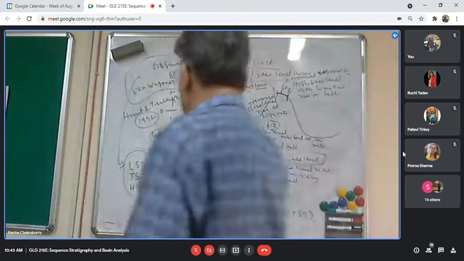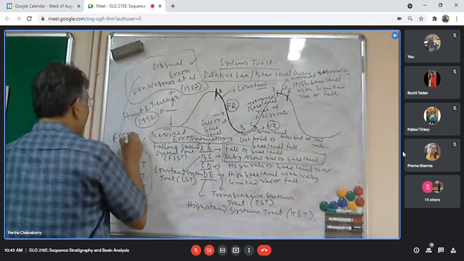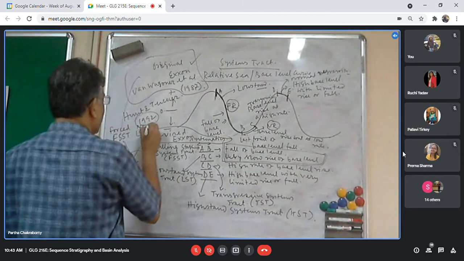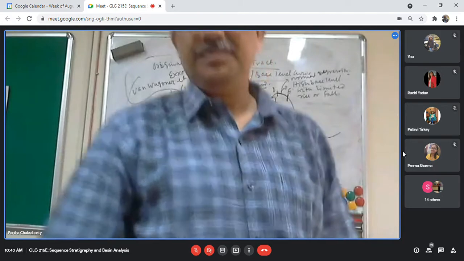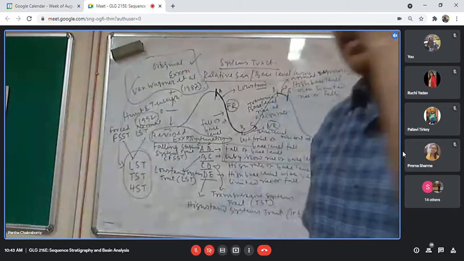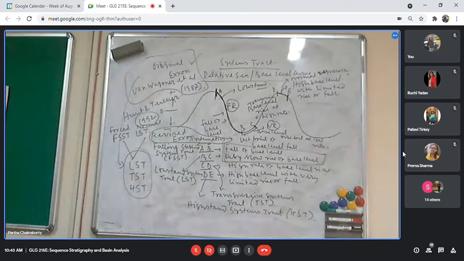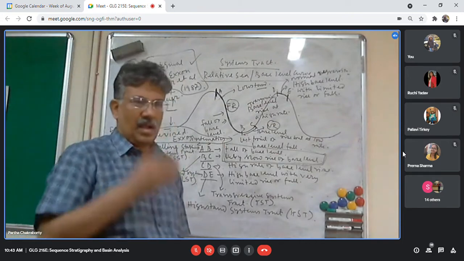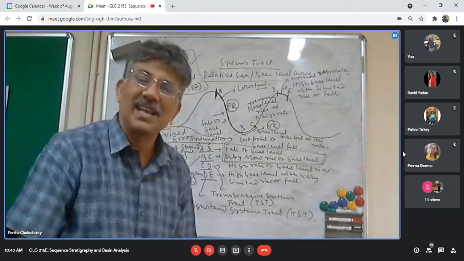This LST was subsequently subdivided into FSST and LST based on forced and normal regression. Okay? Fine.